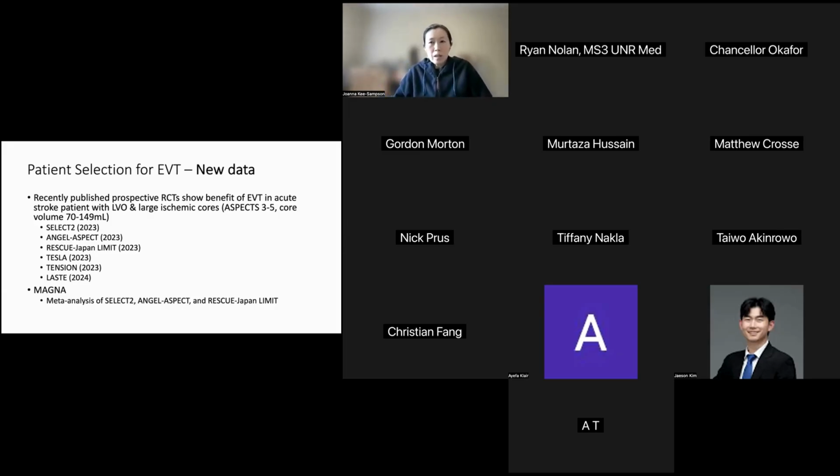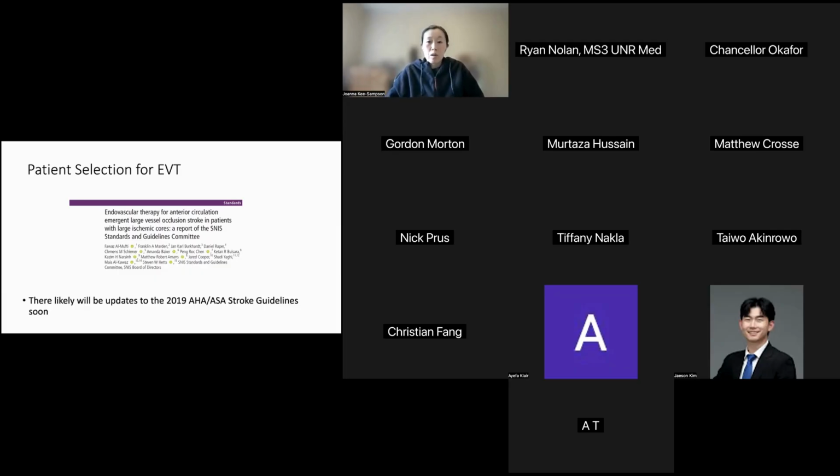So stroke guidelines, or how to select patients for thrombectomy for acute ischemic stroke, these are moving targets all the time. As a result of these large core stroke trials, there actually have been guidelines from SNIS recommending endovascular therapy for patients presenting with large ischemic cores.